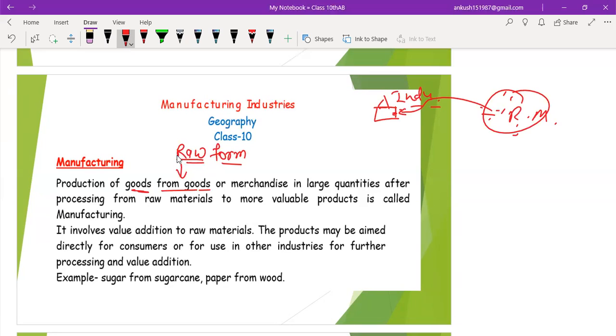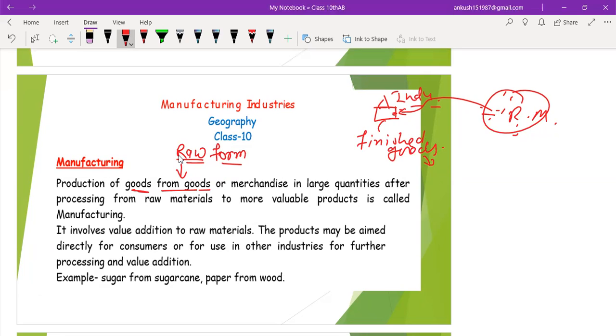On the other hand, it would be producing some finished goods, those goods which come to us in the market through a chain. It does not come directly to the customer.